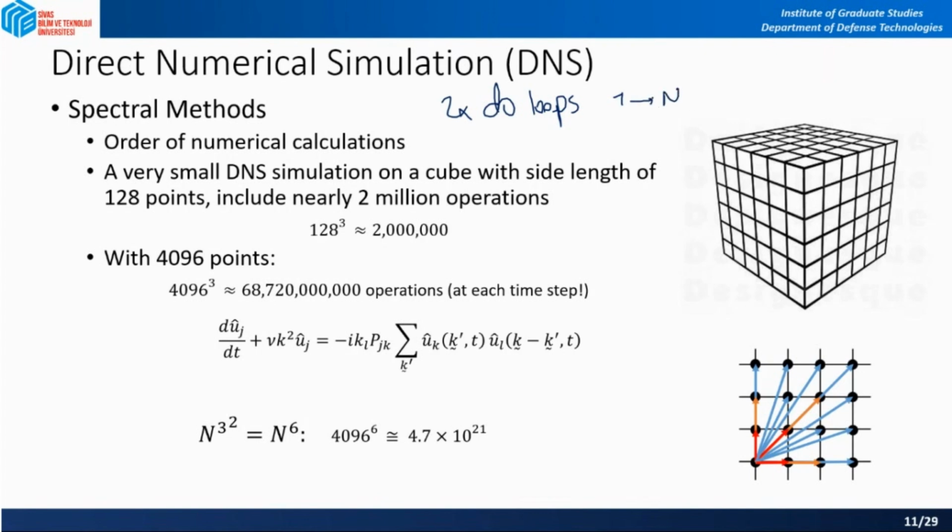So that requires n times n operations, just to calculate the summation.